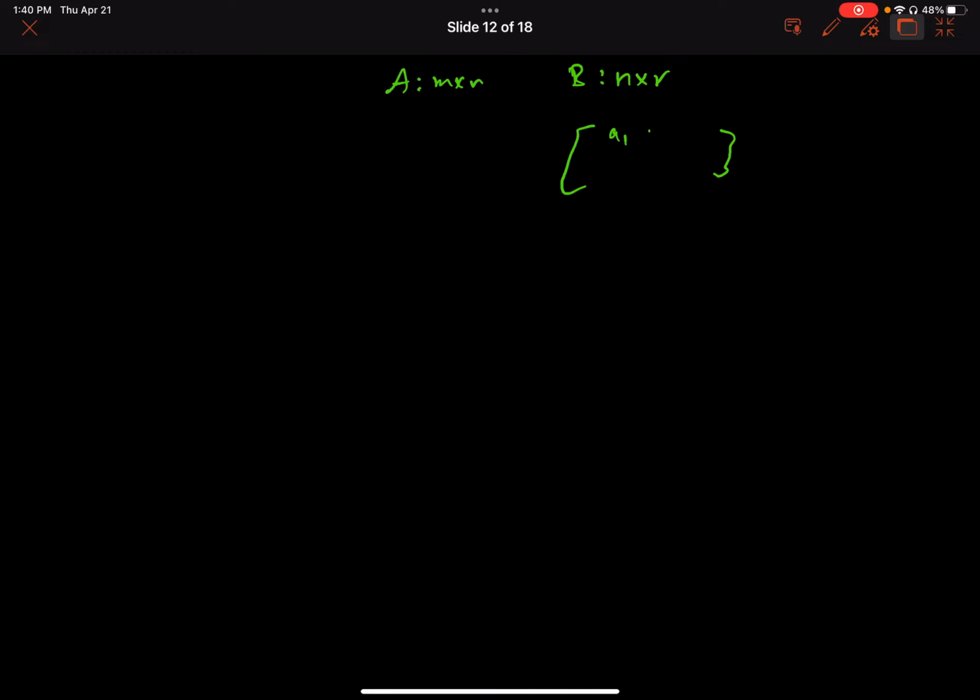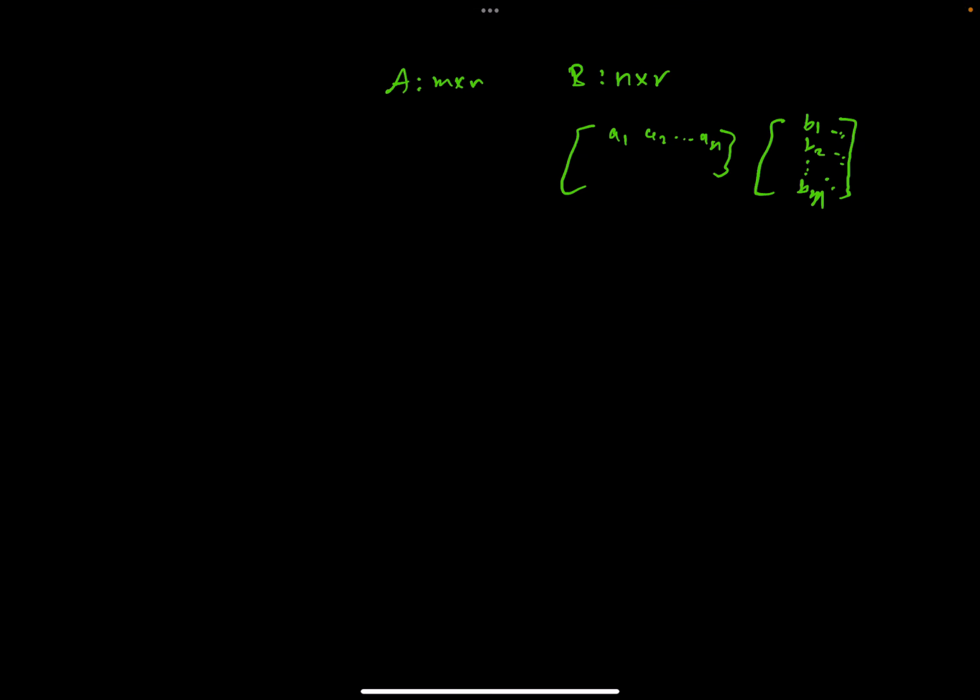Here we have A1, A2 up to An, and here we have B1, B2 up to Bn. To compute one value, how many scalar multiplications do I have to carry out? n, right? And this is only for one value.